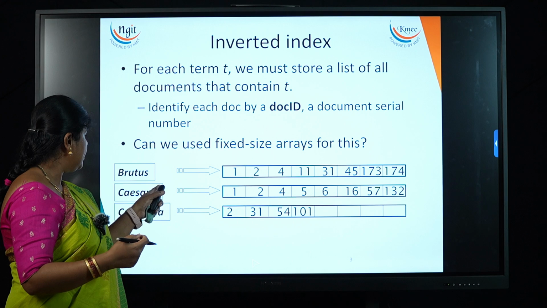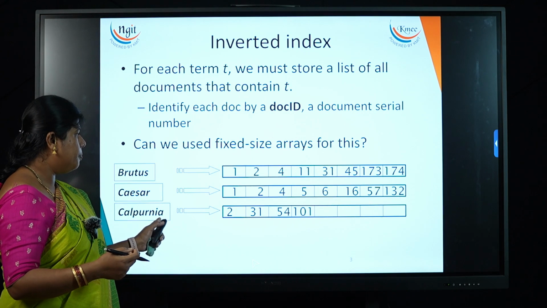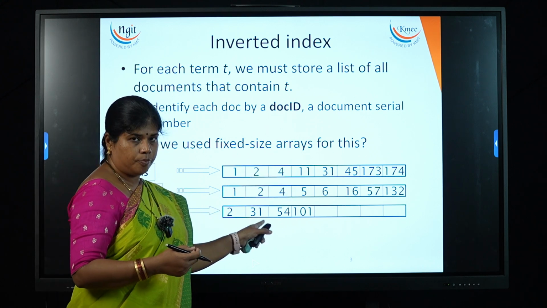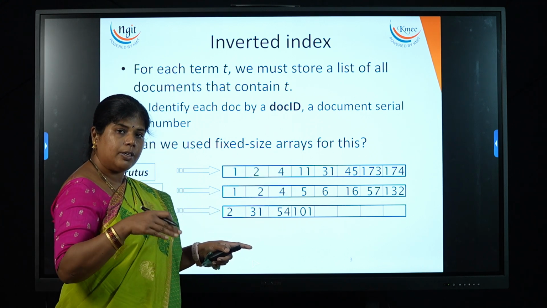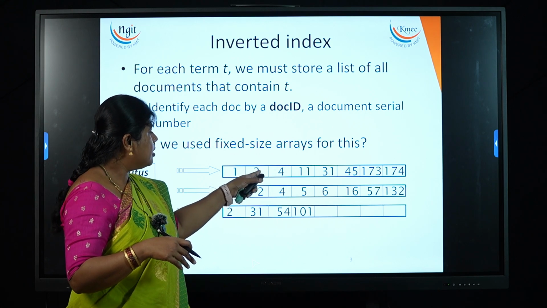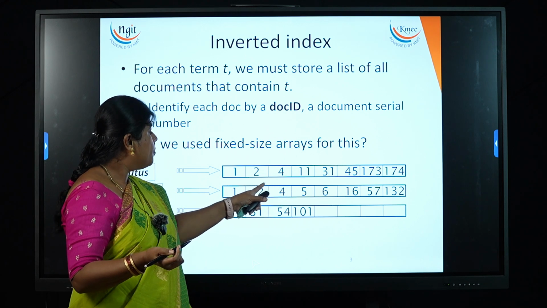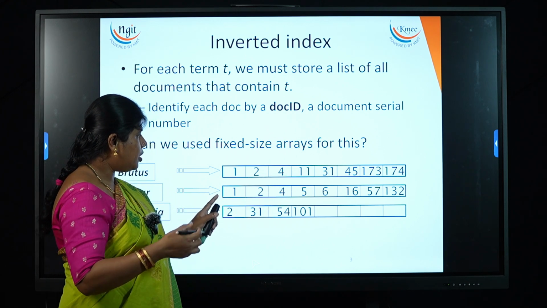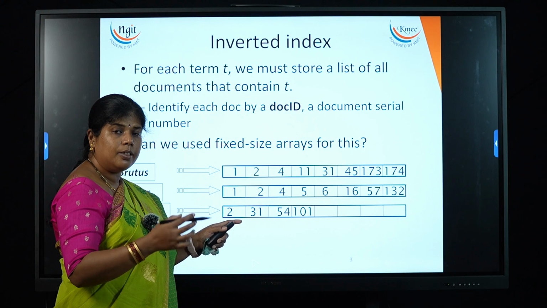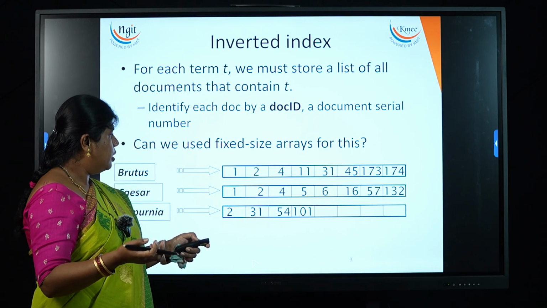Here I am having three terms, Brutus, Caesar and Calpurnia. This is the list of the documents in which each term is present. You can see the serial numbers, that is the document IDs. Now you can see the list is variable based on the existence of that term in a particular document.